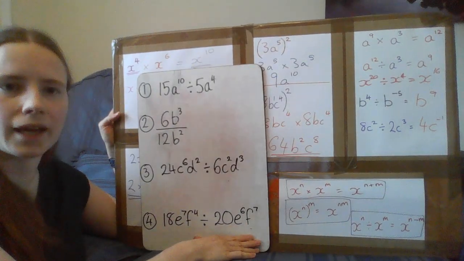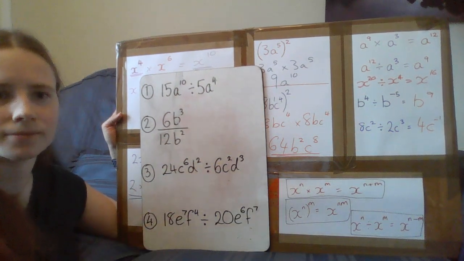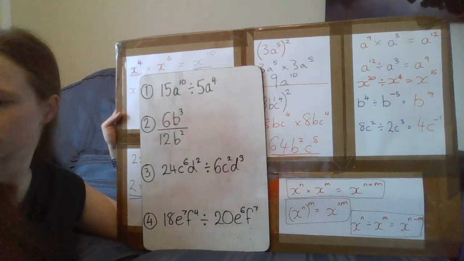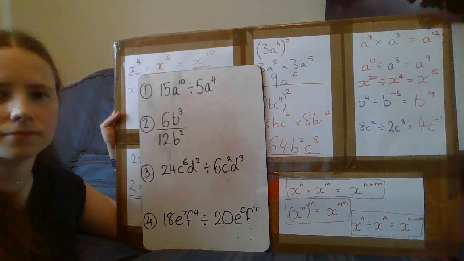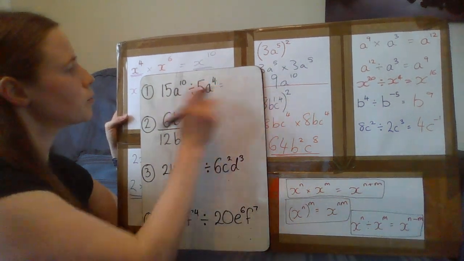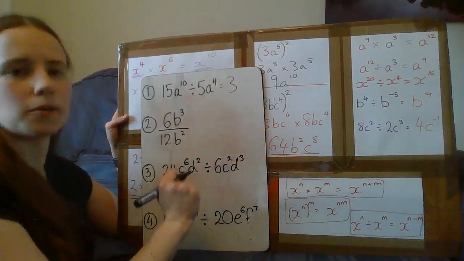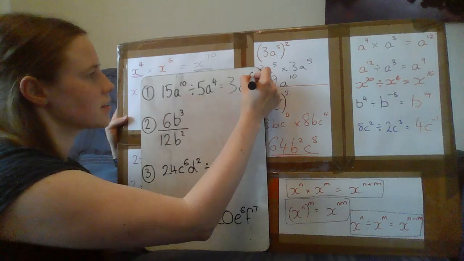Here are some more complicated division ones which have numbers involved as well. Have a go at these ones. Okay, so here are your answers. So first of all, 15 divided by 5 is 3. a to the 10 divided by a to the 4 is a to the 6.